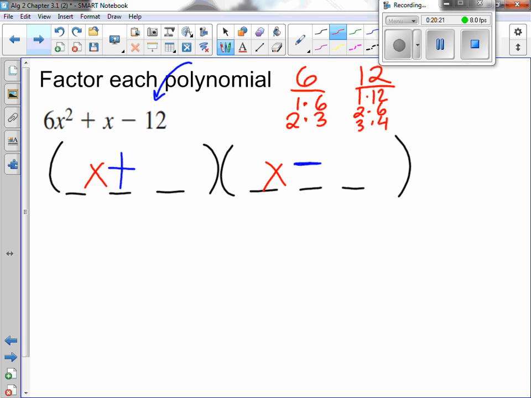So which factors of 6 do we want to try first? 1 and 6 or 2 and 3? 2 and 3. What factors of 12 do we want to use? 1 and 12, 2 and 6, 3 and 4. 3 and 4. Which one do we want to put first? 3 or 4 here?